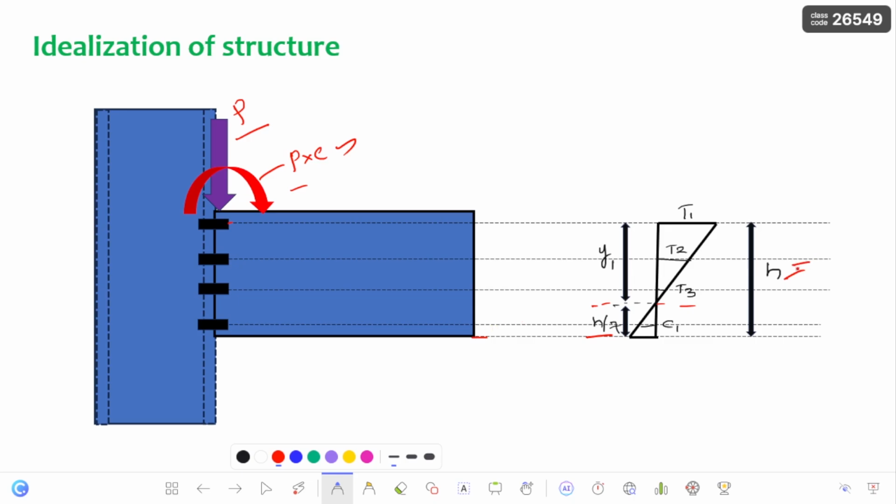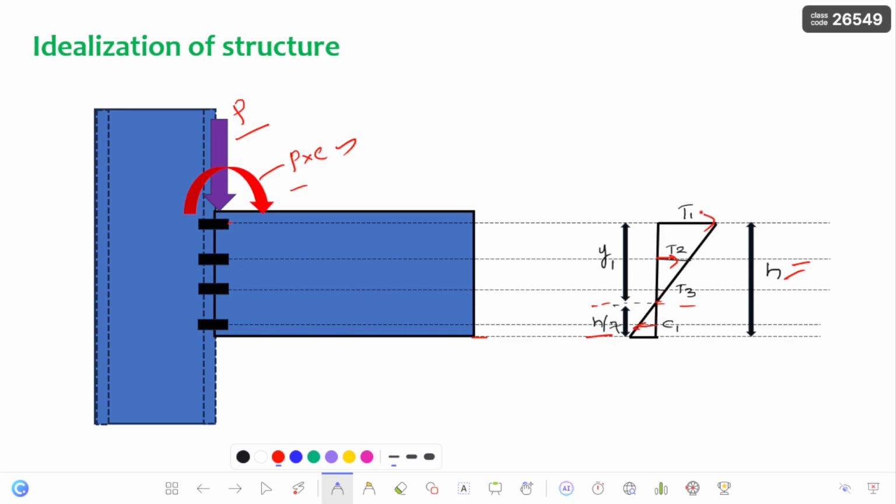This is the h. Above the neutral axis, the tension force is going to act, and each and every bolt is having certain tension force, and the bolts below the neutral axis are going to resist the compression force.